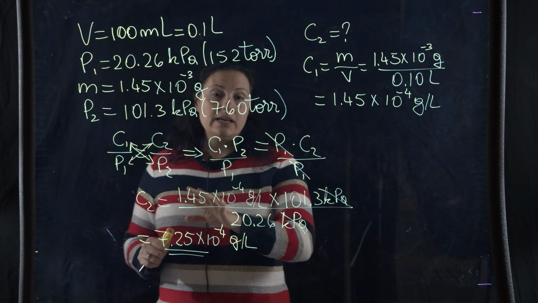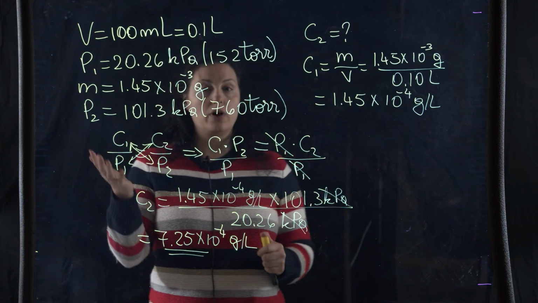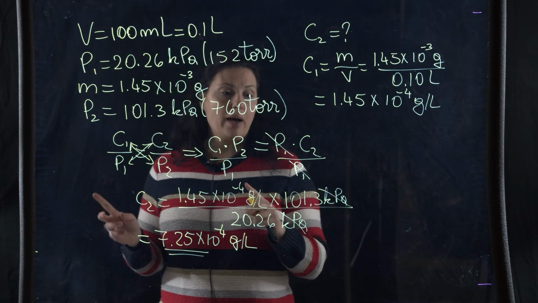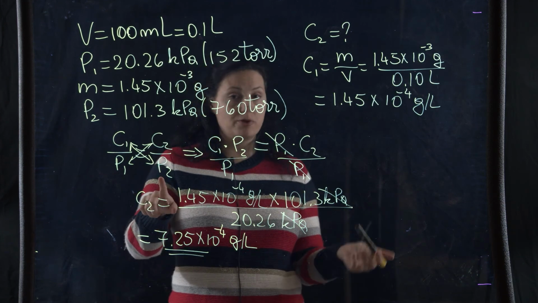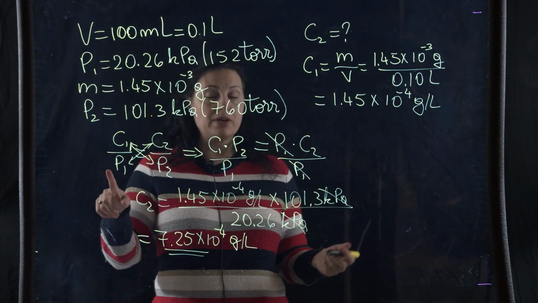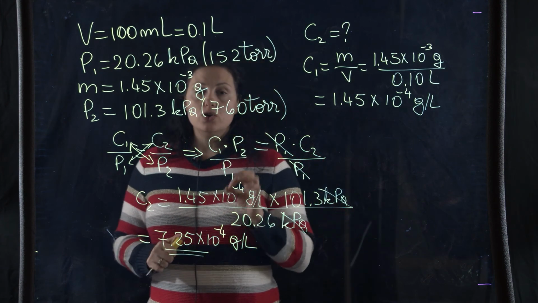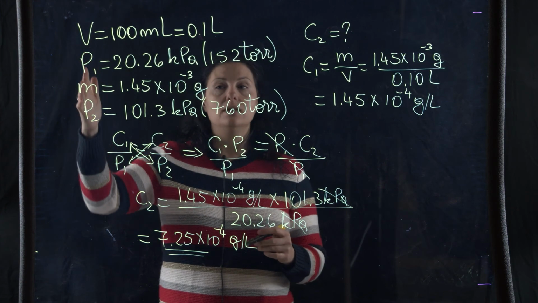As you can see, most of these types of problems, you will have 3 out of 4 unknowns. In this case, for both problems, we needed to solve for C2, but you may need to solve for P2, you may need to solve for P1 or C1, depending on what the problem is. You have to be very careful on reading the problem and determining what you are given.